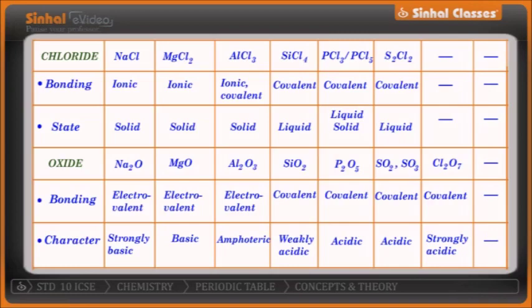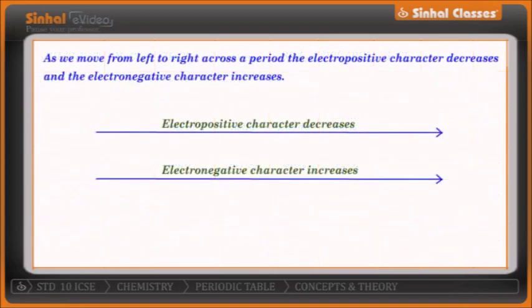Now to see the basic nature, Na2O is a very strong base followed by MgO. Aluminium oxide is amphoteric. So as you go across the period from left to right, the basic character decreases and acidic character will increase. The most powerful acidic nature will be exhibited by Cl2O7.